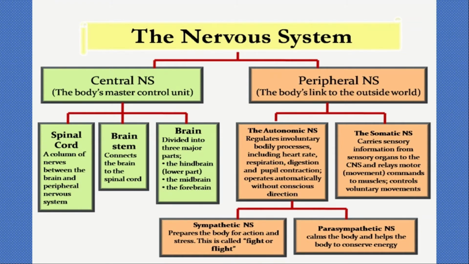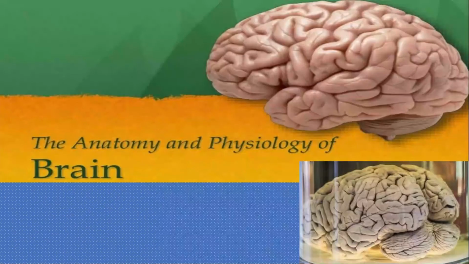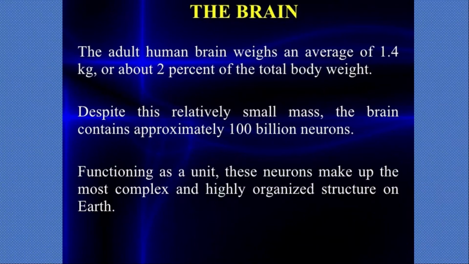Let us know about our brain, the CPU, or central processing unit, of the human body. The anatomy and physiology of the brain. The adult human brain weighs an average of 1.4 kg, or about 2% of the total body weight. Despite this relatively small mass, the brain contains approximately 100 billion neurons.